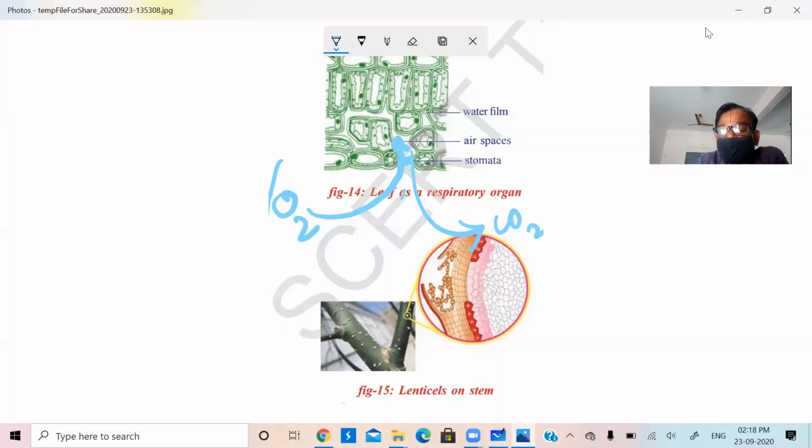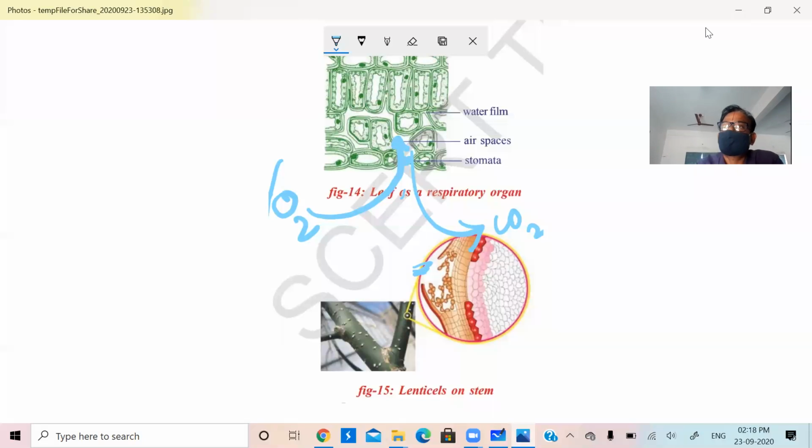Then on the stem also there are some openings. Those are called lenticels. This is the lenticel. Stomata is an opening, and lenticel is also an opening.